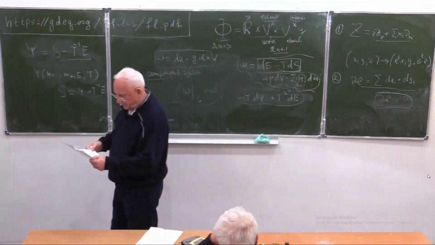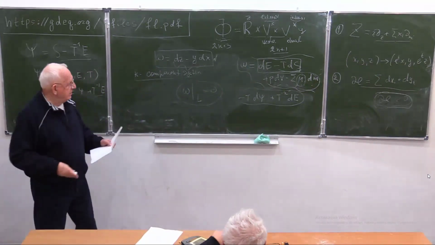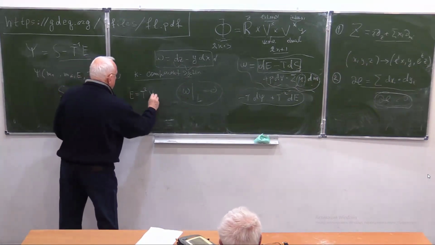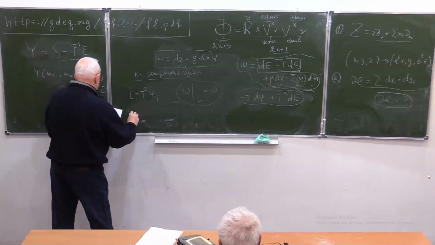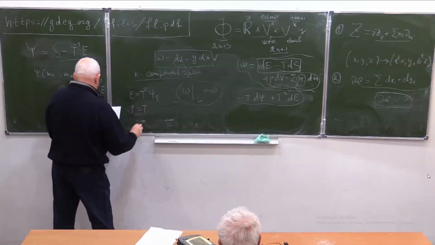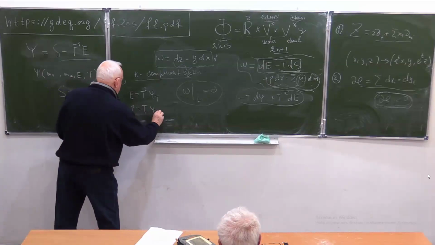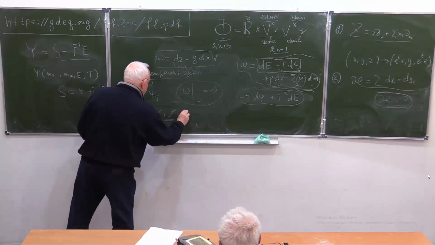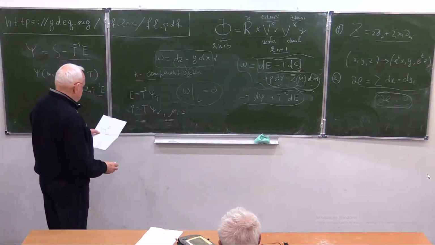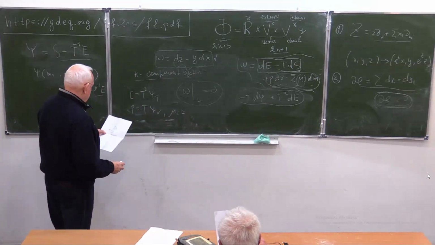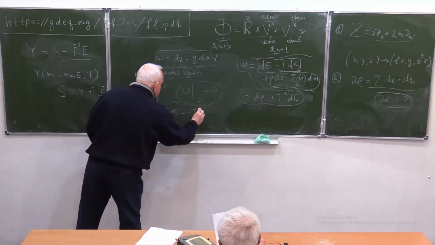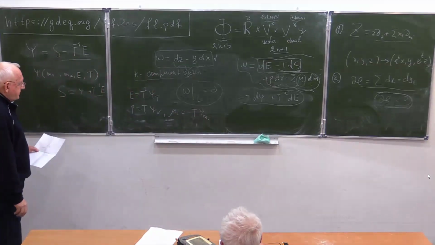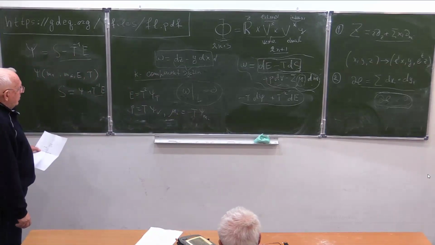It is on the first page. E equals T square psi_T, P equals T psi_V, and mu_i equals minus T psi_{n_i}.